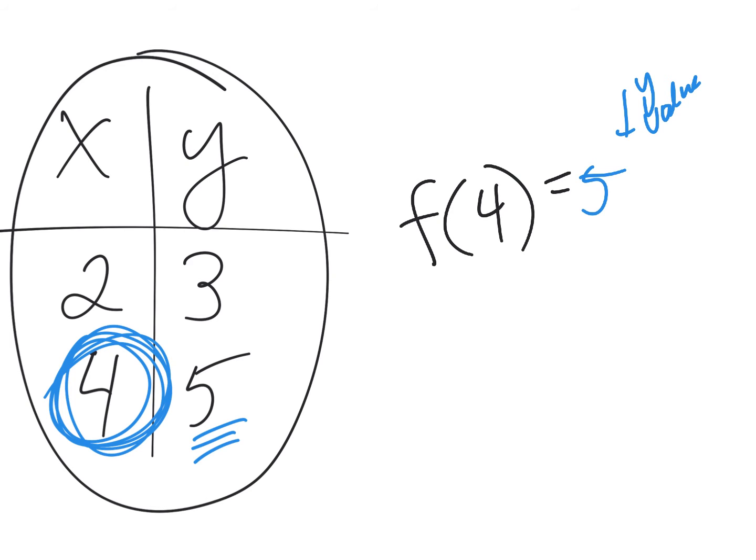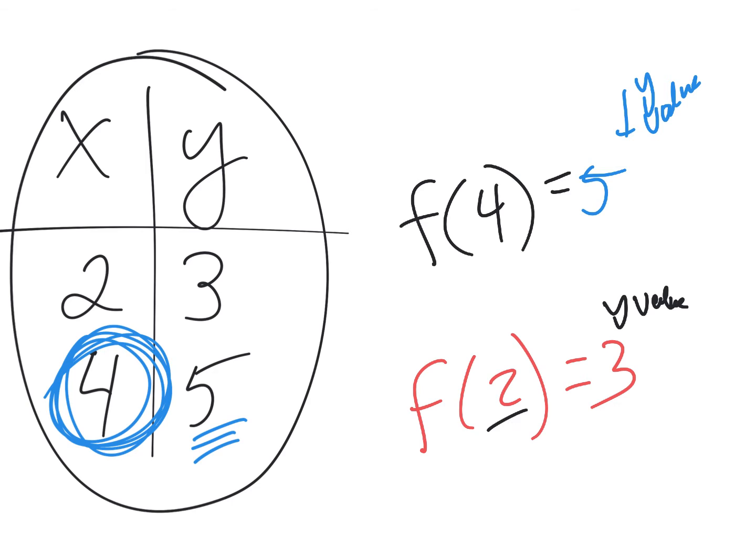What if I asked you, what's f of 2 then? Don't overthink this. What's f of 2? 3. The y value here. And I stuck a 2 in. This is the 2 that you'd stick in. X's are the inputs.